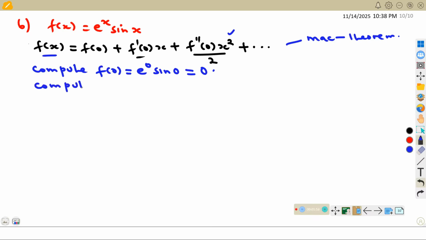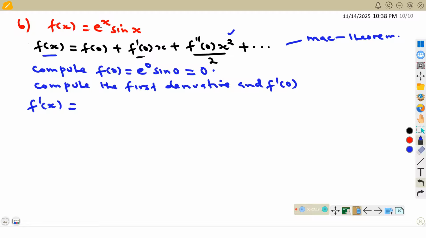Let us now compute the first derivative, and after that we get f derivative of 0. Computing the first derivative, f derivative of x, we apply the product rule.